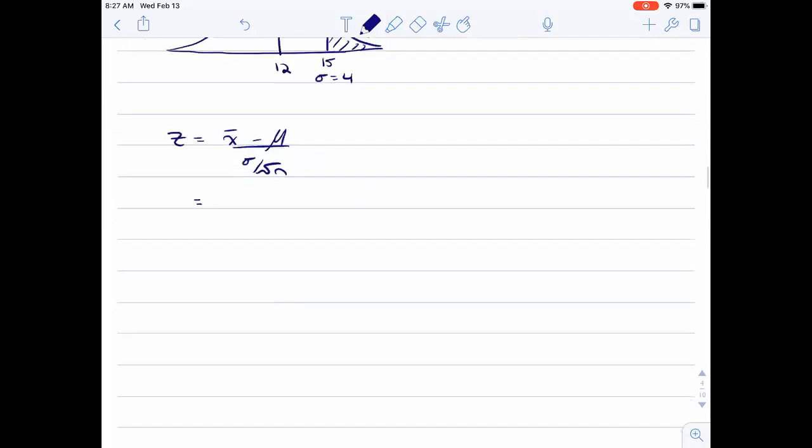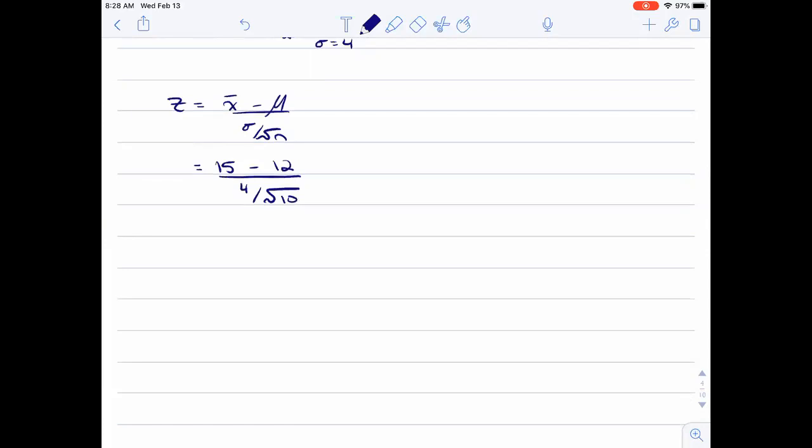And so we've got an x bar of 15. How far is 15 from 12? If sigma is 4 and the sample size is 10. Right? Because we've got 10 pallets.